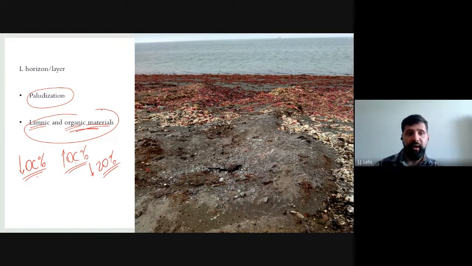But if you have a high content of organic carbon, these organic materials should be in the same horizon, at the same depth, with laminar materials formed by organic activity, like calcium carbonate, like residues of algae, like diatomaceous material, and other kinds of mineral materials. Okay?